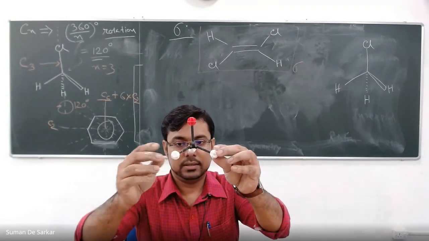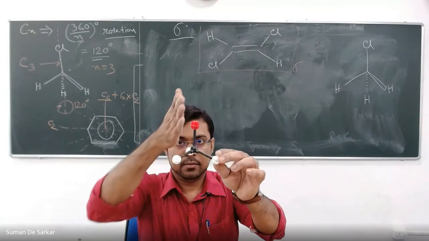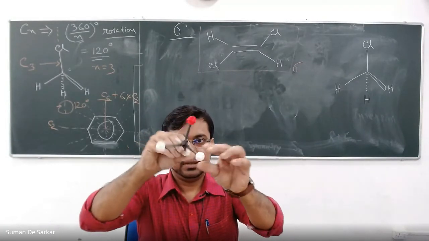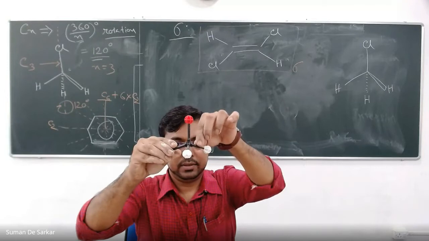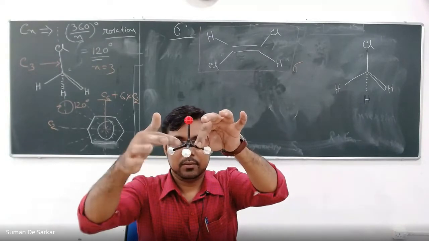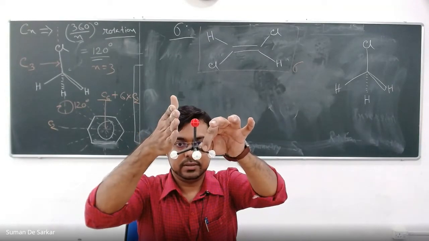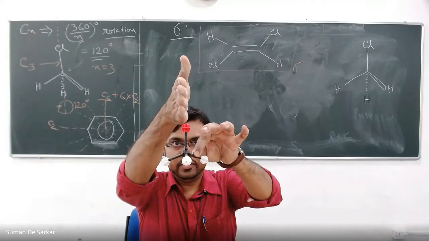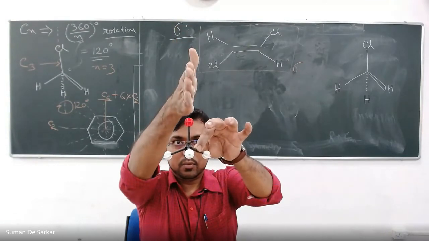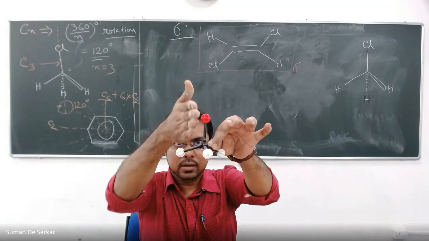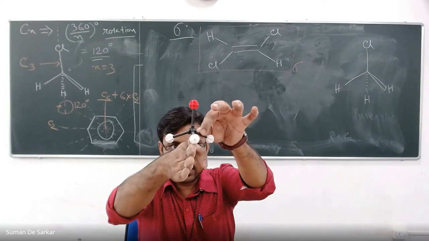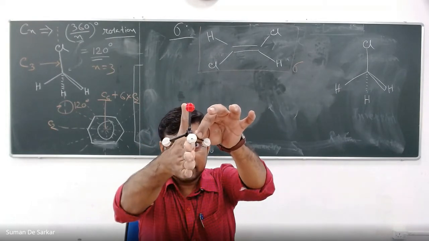If I hold it like this, then it's easier. So one hydrogen is towards you. I'll just hold it like this so that you can easily visualize. Just chop the molecule through this carbon chlorine and through this carbon hydrogen. The plane is like this.